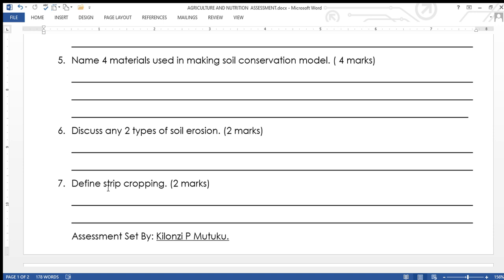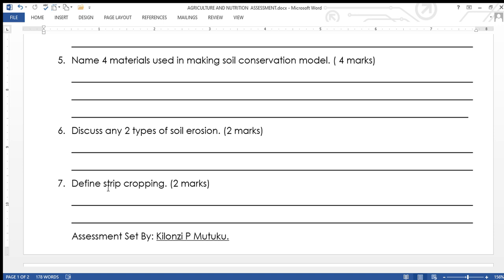Define strip cropping. What is strip cropping? It involves planting different types of crops along sections. That is nice. Very good. Group 2 and group 8. Let's hear what group 1 had.